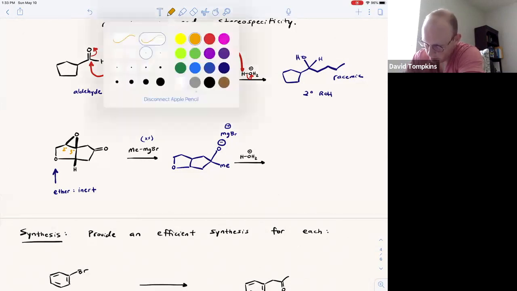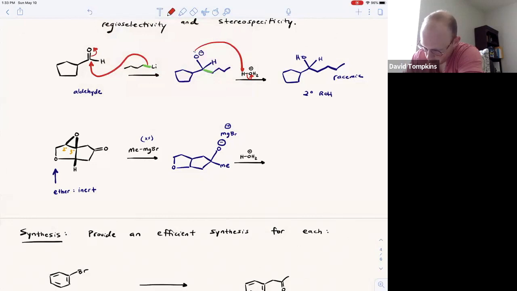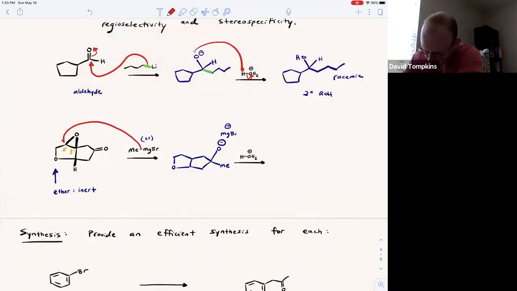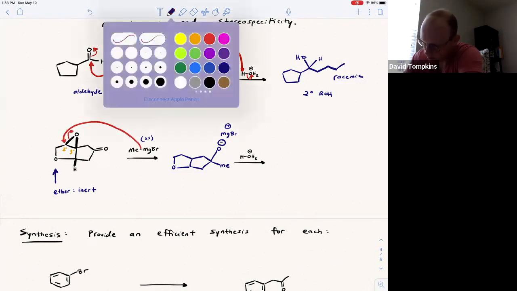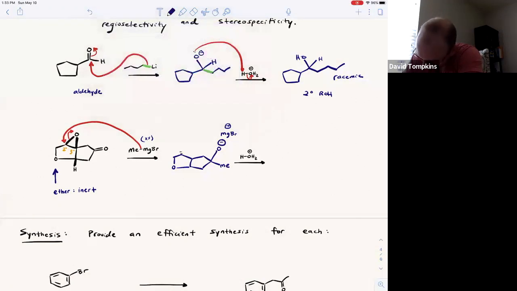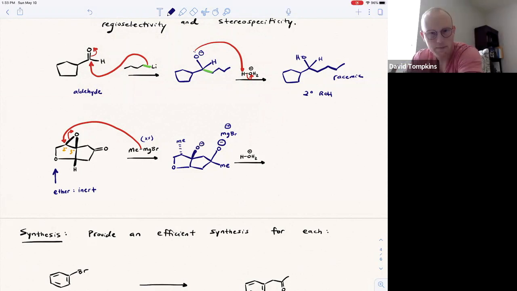So under basic conditions, of course, it's going to attack the secondary carbon, the least hindered of the epoxide, and break that open. And here the methyl will attack from underneath the ring, anti, to give a tertiary alkoxide, which of course would also sit next to magnesium bromide.